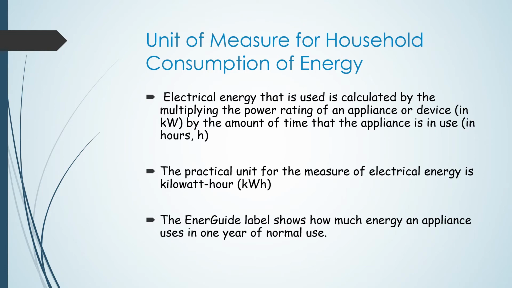So the practical unit of measure that we use for electrical energy is the kilowatt hour. When you buy an appliance, it has an EnerGuide label that shows how much energy an appliance uses in 1 year of normal use.